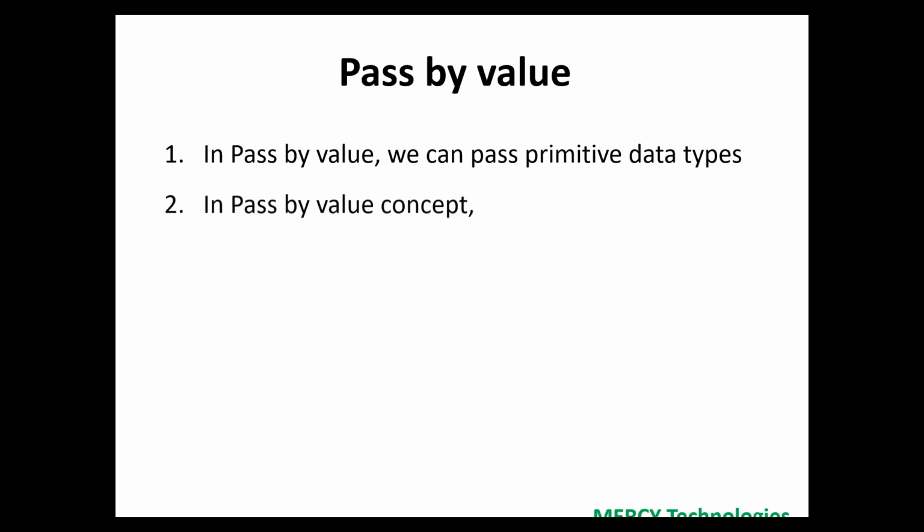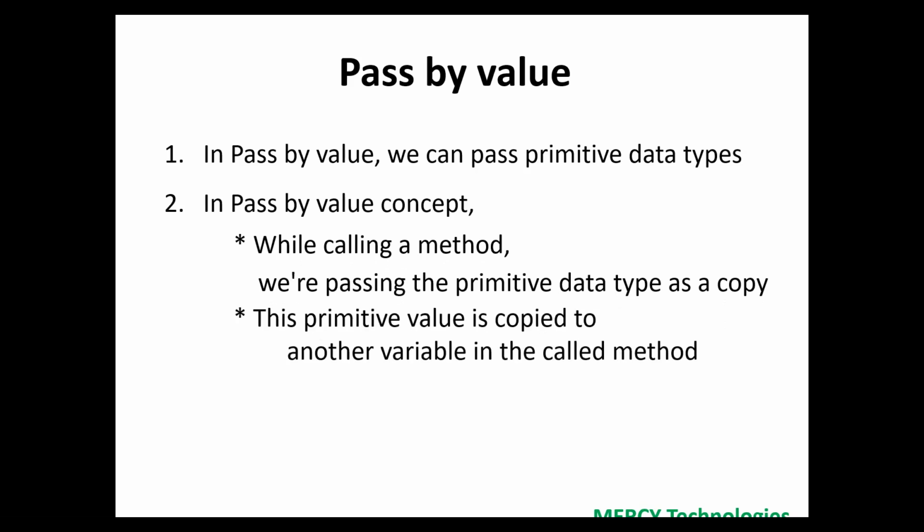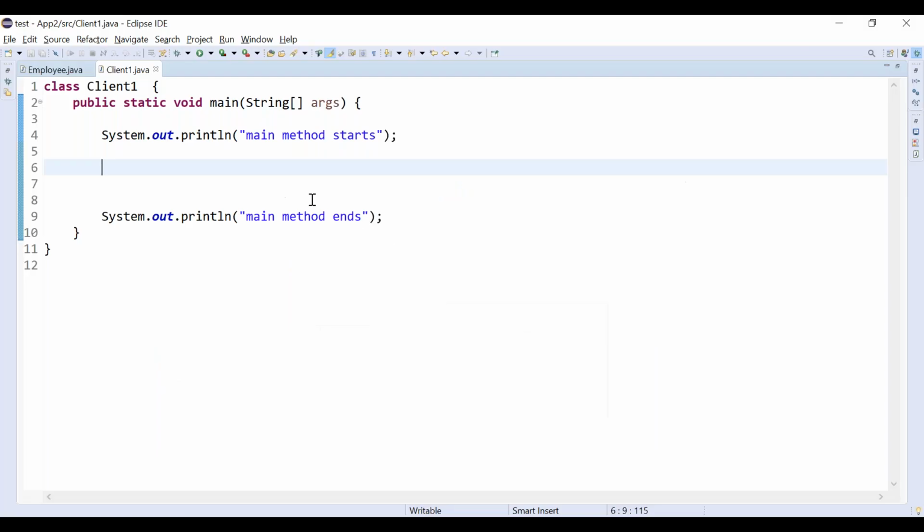So in the pass by value concept, when we are calling a method, we are passing the primitive data types, and this primitive value is copied into another variable. Okay, so let's go ahead with our program.